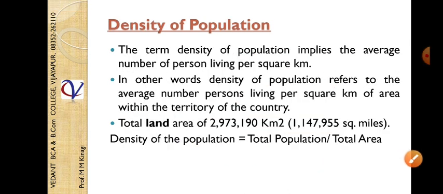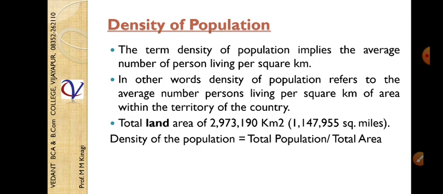Then density, as I have said: the density of the population is the total population divided by the area. It is calculated as the number of persons per square kilometer of land area.